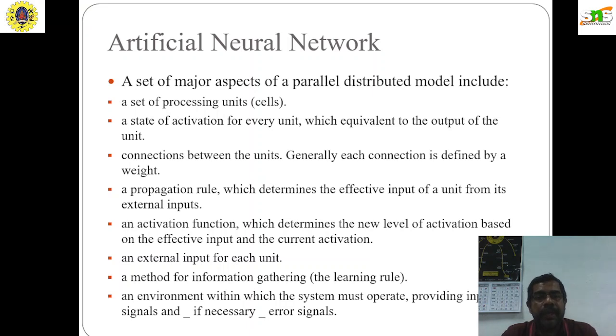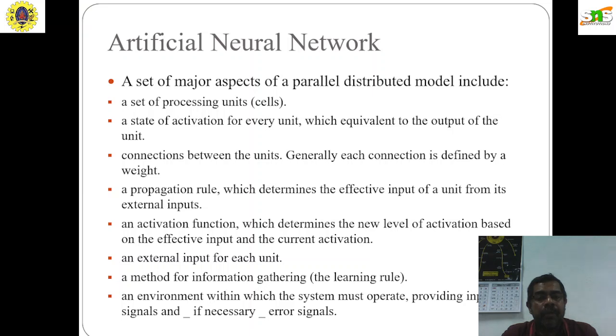Previously we studied the term perceptron. There is a state of activation of every unit, which is equivalent to the output of the unit, and the connections between the units. Generally, each connection is defined by a weight. We already studied that every input has an appropriate weight that has to be multiplied and summed.